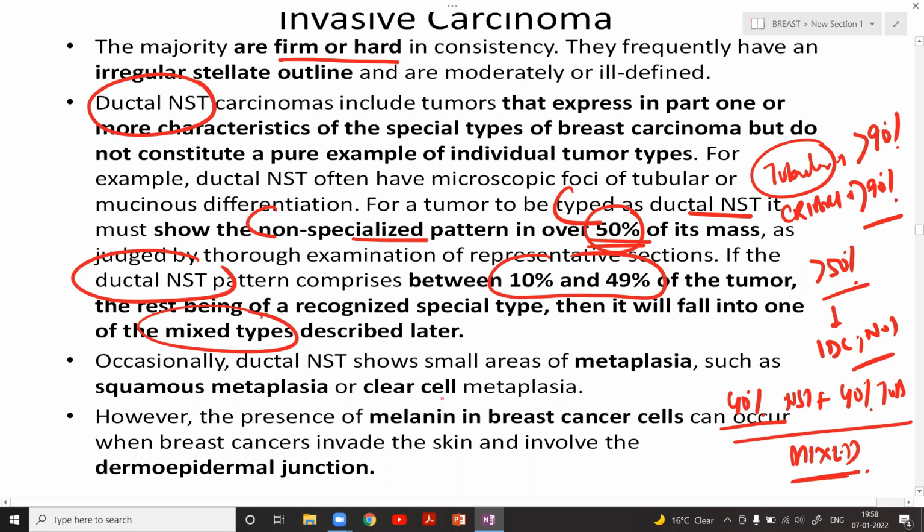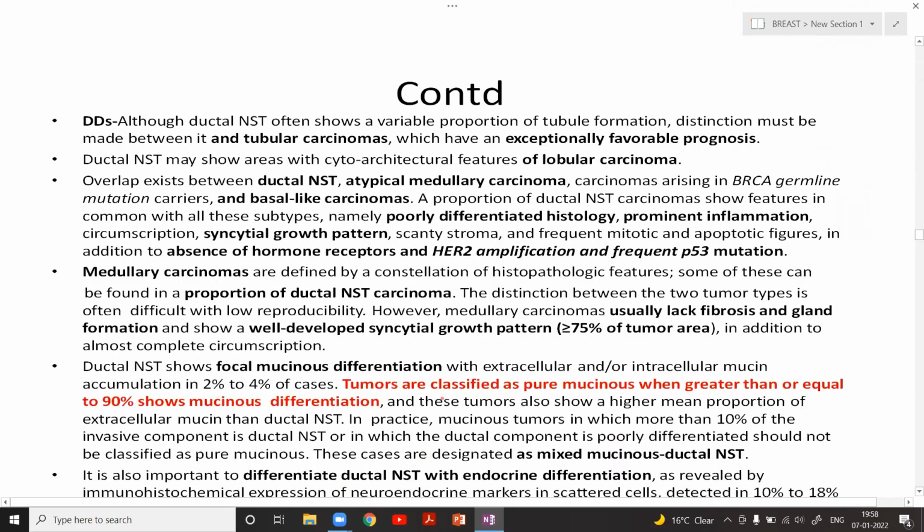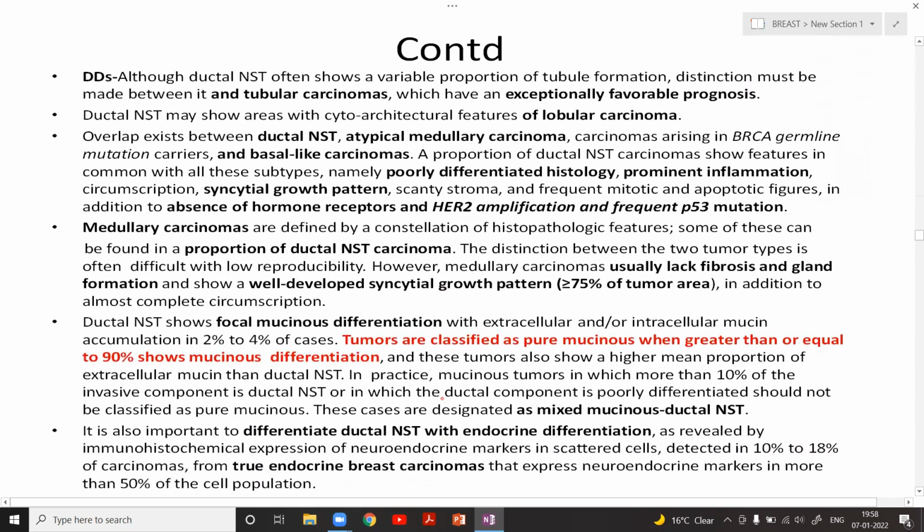Let us appreciate other things. A few other important points: just remember that if we want to say that a particular carcinoma is medullary, which we do not say now, in the latest edition they have removed the term medullary. If the carcinoma has medullary features, we just label it as invasive duct carcinoma NOS. We don't write separately that the carcinoma has medullary features, because there is no provision for that.